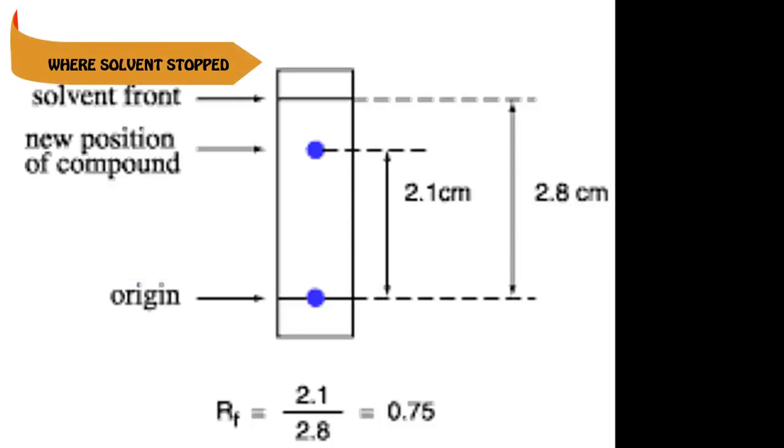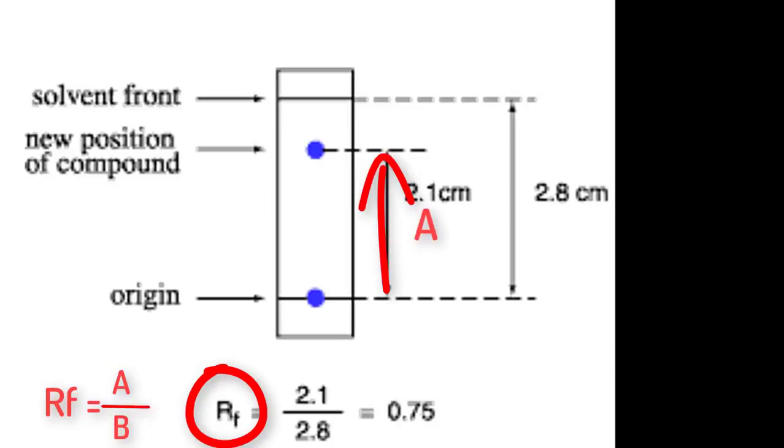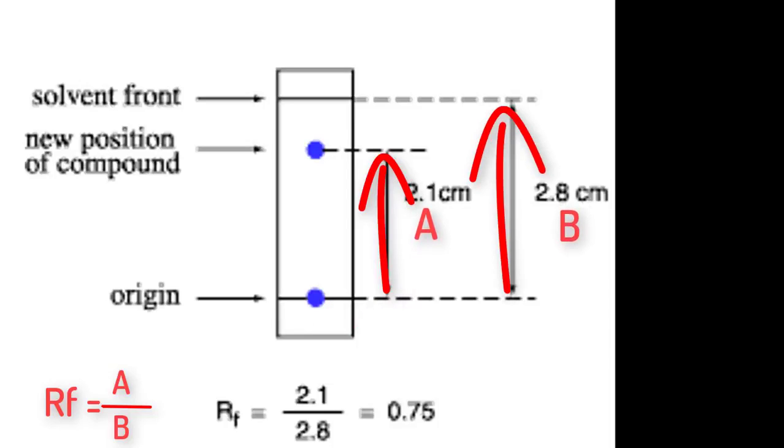The solvent front is the highest point on the chromatography paper that the solvent reached. The RF value is going to be the ratio of how far your compound traveled from the origin over the distance between the origin and the solvent front.